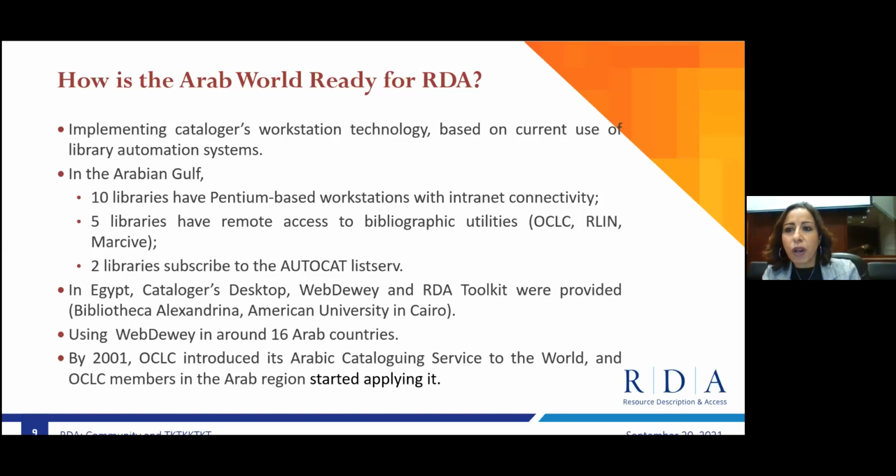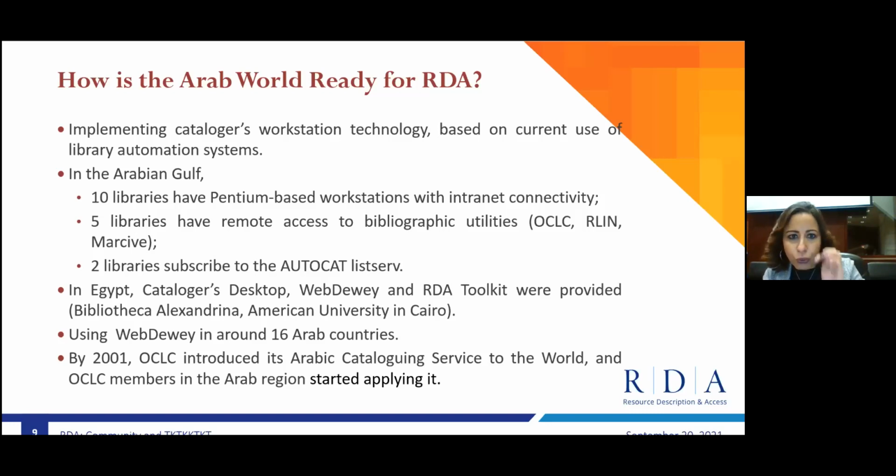So to subscribe and to know more about the tool, this also was one of the challenges that we faced. When you mention RDA to many of them, they say it's an institutional decision that we have to take. We are now talking about WebDewey. We have budget only for OCLC, for our subscriptions, for the Cataloger's Desktop.